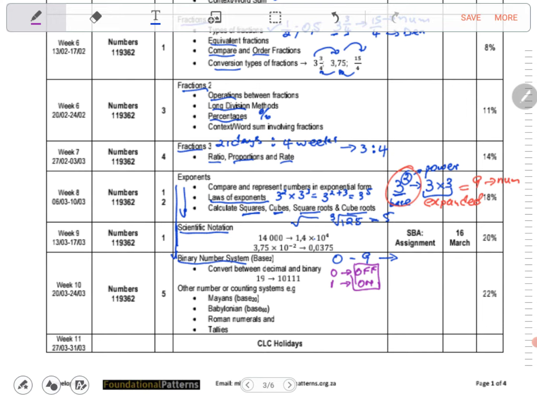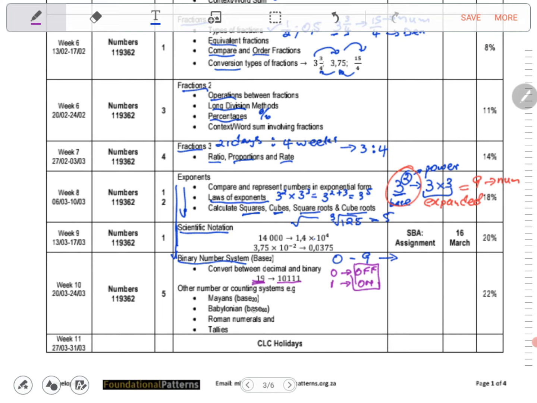Computers, cell phones, and those electronic things use binary. We can convert from ordinary numbers to binary numbers, and we can also convert back from binary numbers to the ordinary numbers that we know of.